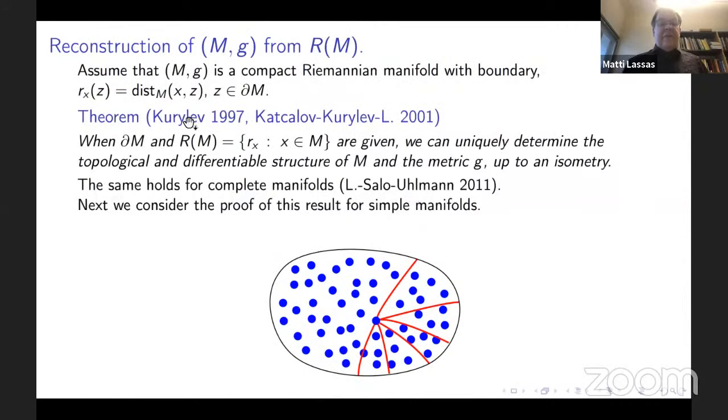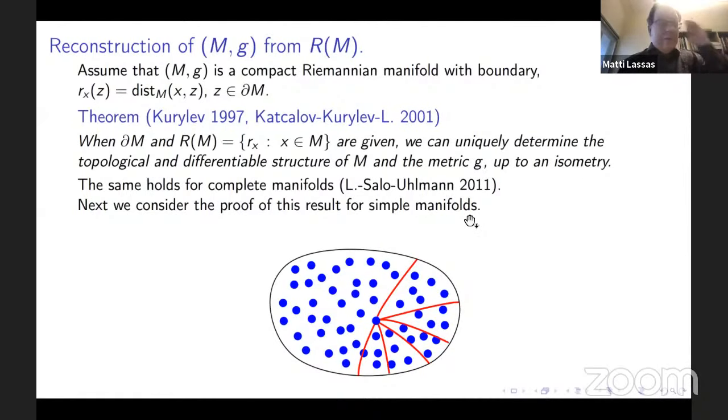And there are results which say that when we are given the boundary and the collection of all boundary distance functions, then we can uniquely determine the topological and differentiable structure, and the metric on M, up to an isometry.